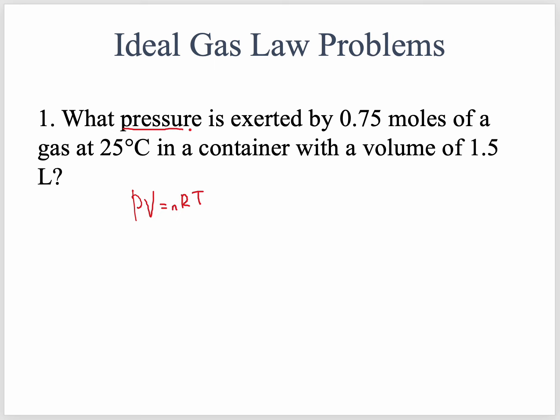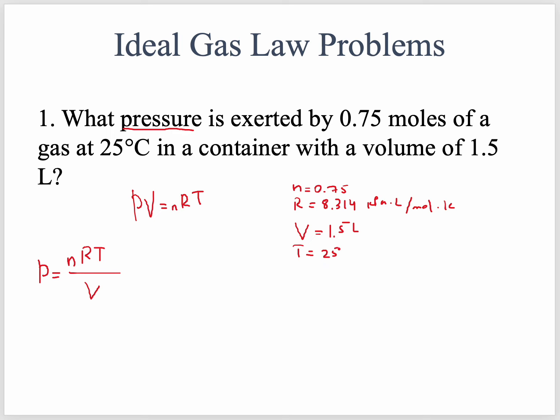We are calculating pressure, so we rearrange: P = nRT divided by V. n is given as 0.75, R we use 8.314 kilopascal liter per mole per Kelvin, volume is 1.5 liters, and temperature is 25 degrees Celsius, which must be converted to Kelvin.